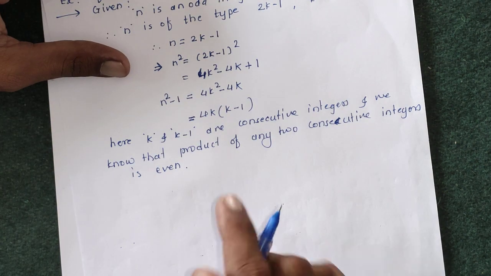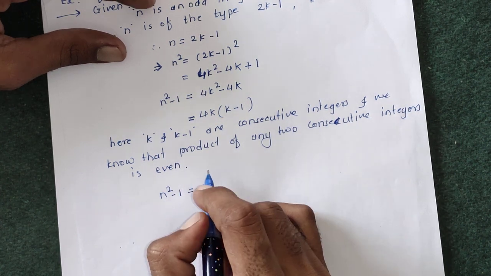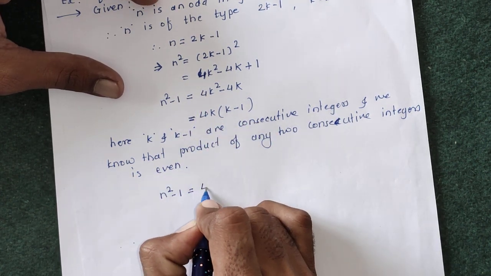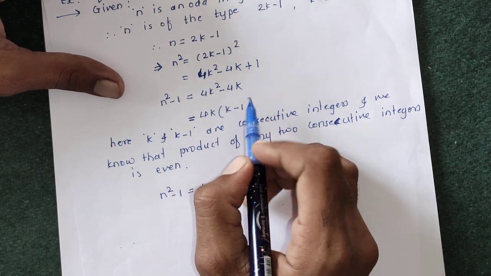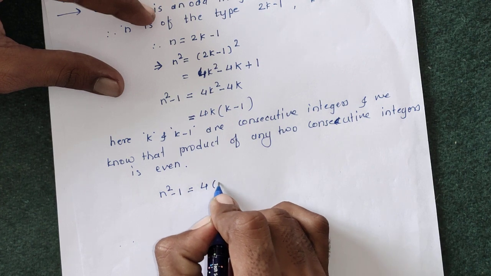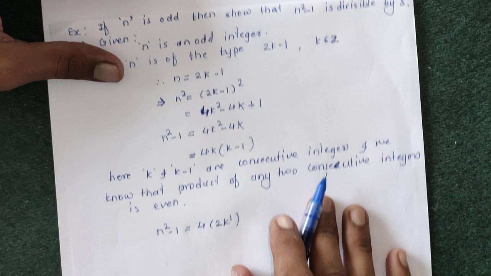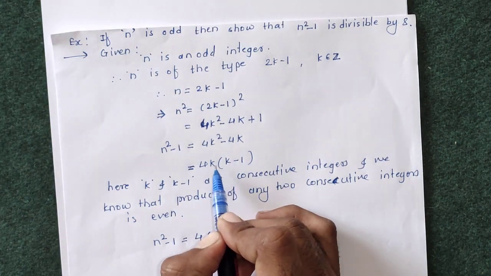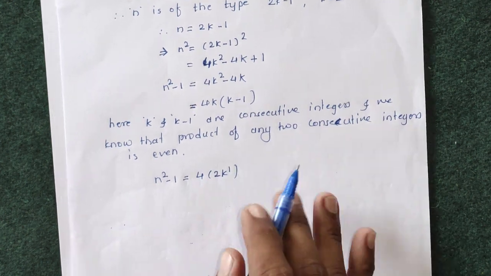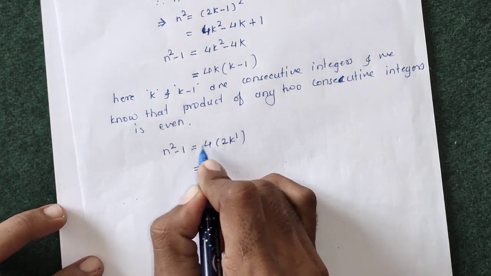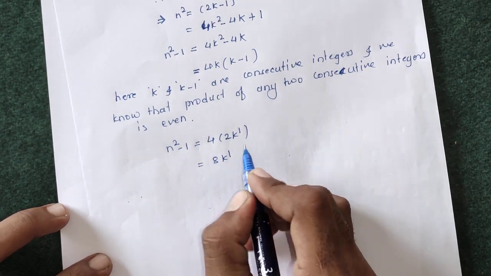Therefore we can write n square minus 1 is equal to 4 as it is, and k into k minus 1, that is the product of two consecutive integers, is even. So that is of the form 2 into some k prime. So the product of these two consecutive integers, k into k minus 1, is an even number, and that even number must be of the form 2 into some k prime. So we get n square minus 1 is equal to 8 into k prime.